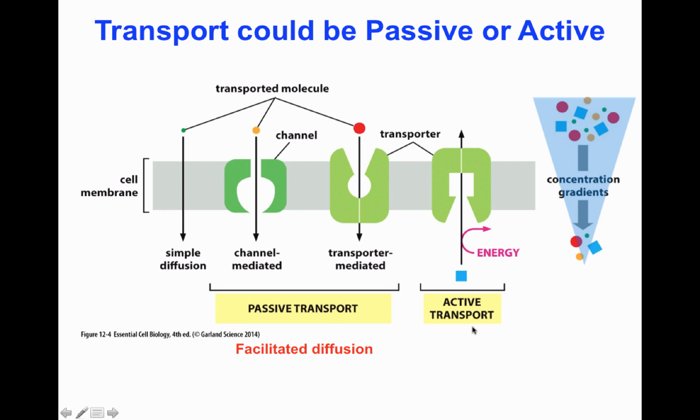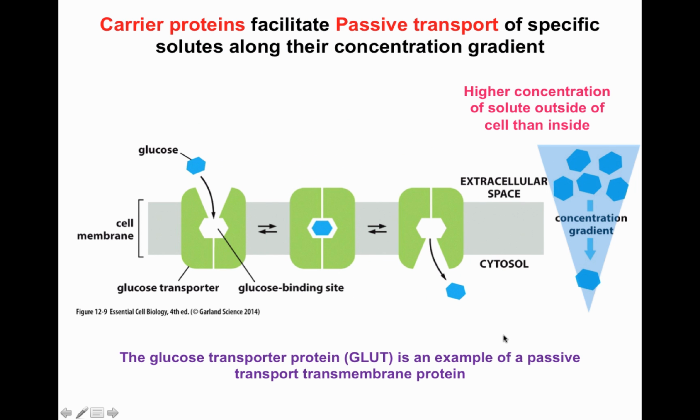And then active transport is mediated by transporters that spend energy to move molecules against their concentration gradient. Now, carrier proteins facilitate passive transport of specific solutes along their concentration gradients. So here we have, again, in this case it's glucose, shown over here by the blue hexamers.